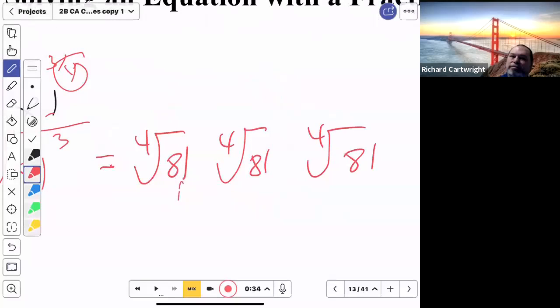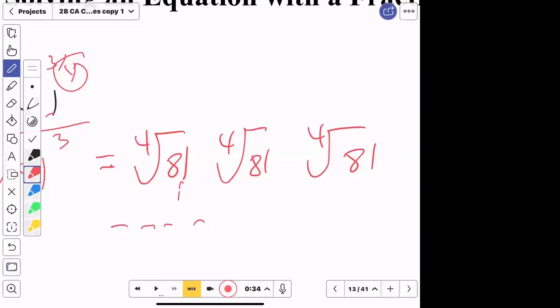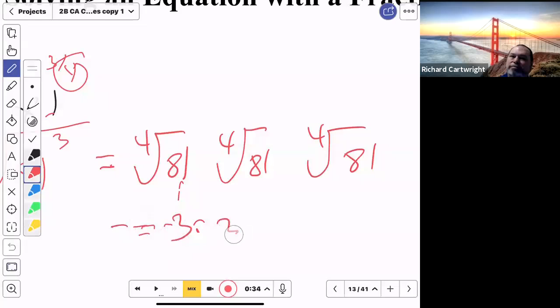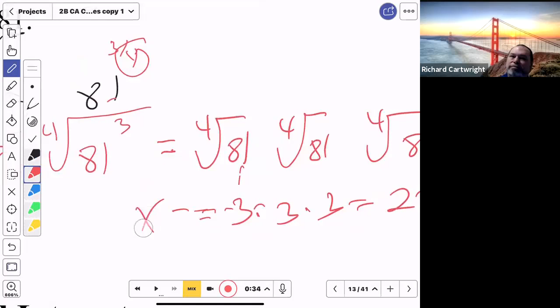And we found the fourth root of 81 a few minutes ago. What times what times what times what was 81? 3. So the answer is 3 times 3 times 3, which is 27. X is 27.